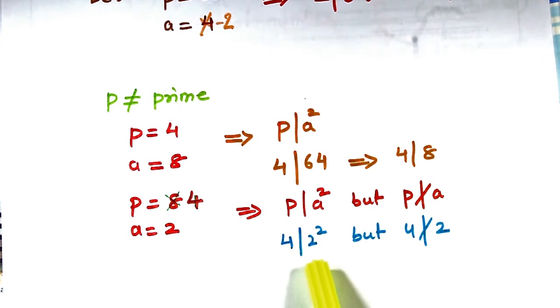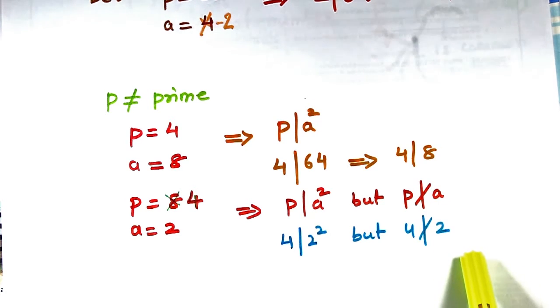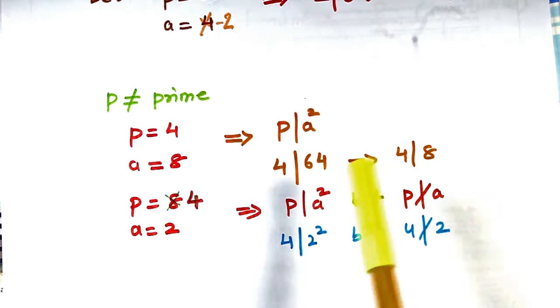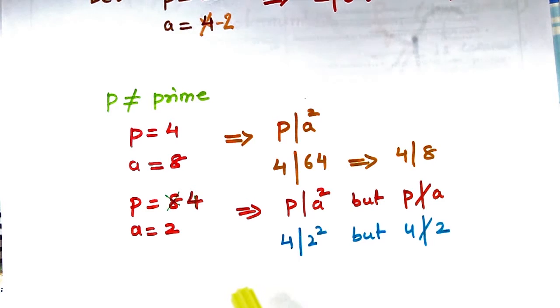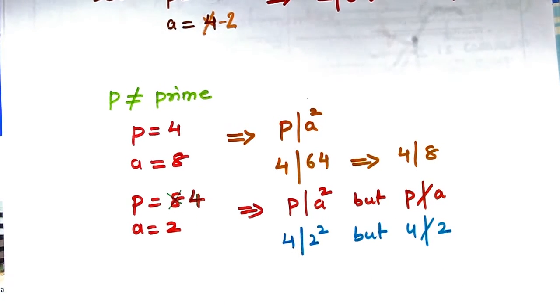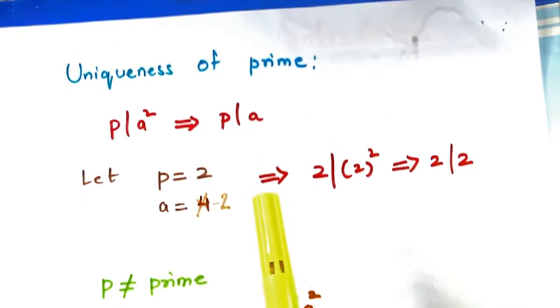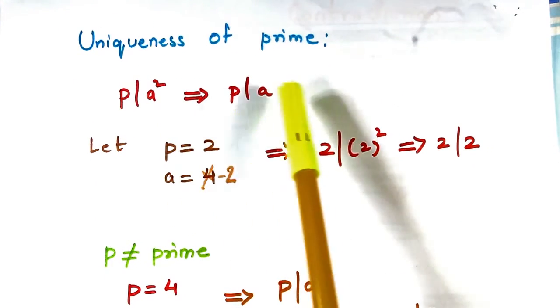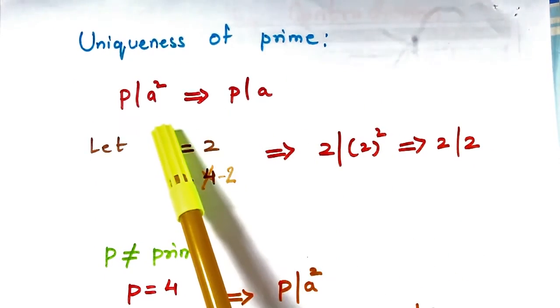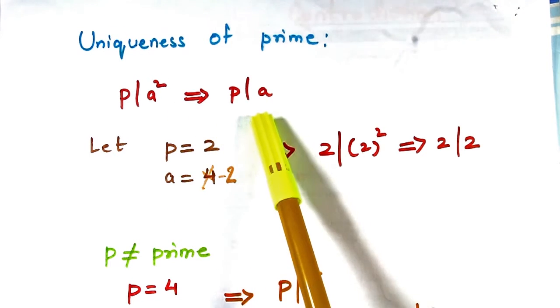That is, 4 divides 2 squared, that is 4 divides 4, but 4 cannot divide 2. So we cannot have the generalization concept for composite numbers, whereas we can have the generalization concept for prime numbers. There is the uniqueness of prime numbers. That is, if a prime divides a square, then the prime divides a.